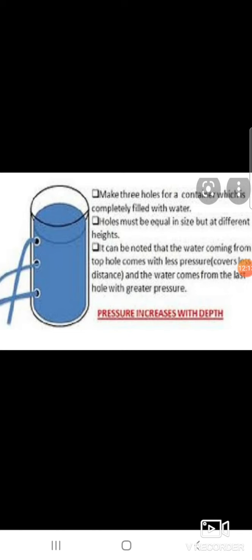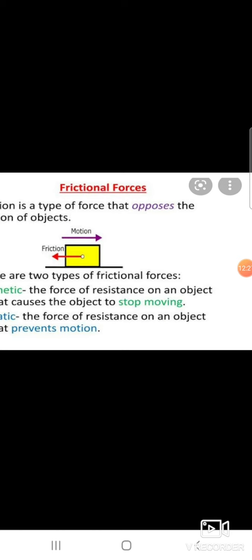So the pressure acts in the outside direction, and the water on the same side goes outside. Okay, that is called air and water pressure.